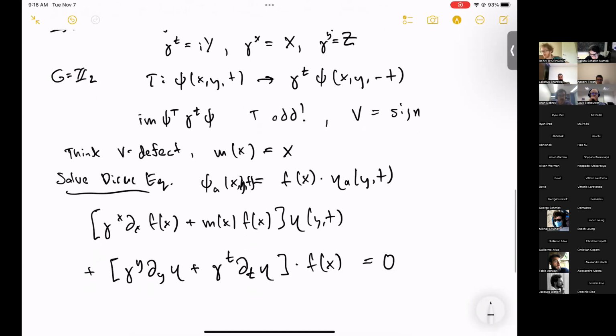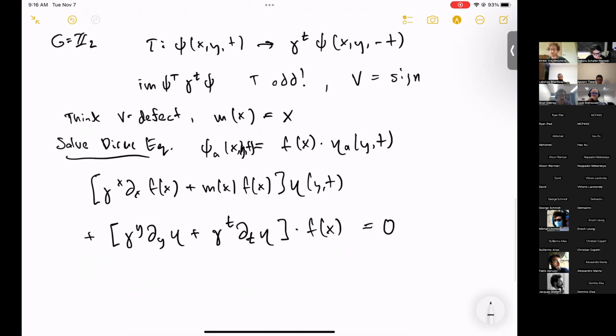So this is the Dirac equation once you do the separation of variables. So you get two independent equations. And well, these equations are sort of annoying because of this gamma x matrix in the first one.